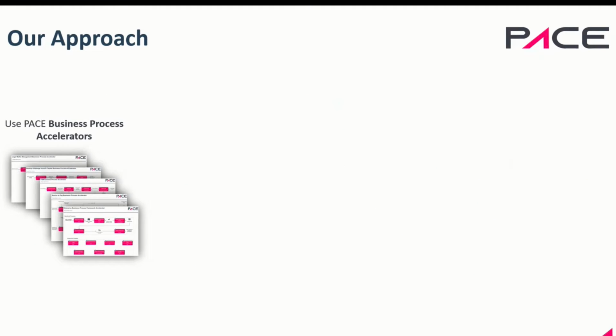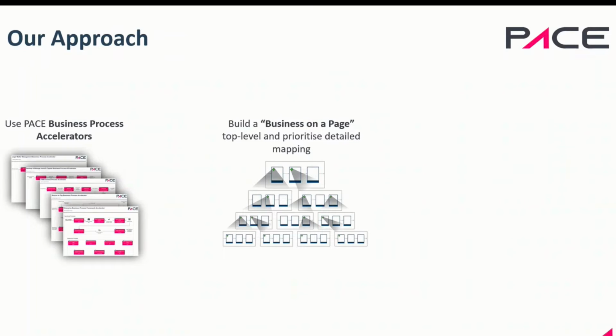A bit on our approach then. We've got a suite of business process accelerators, which we use wherever possible as the starting point for building a business on a page, top level diagram, and then utilize that to prioritize where we're going to then go and do some more detailed process mapping with the customer.